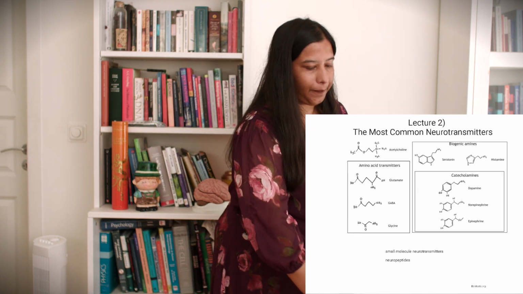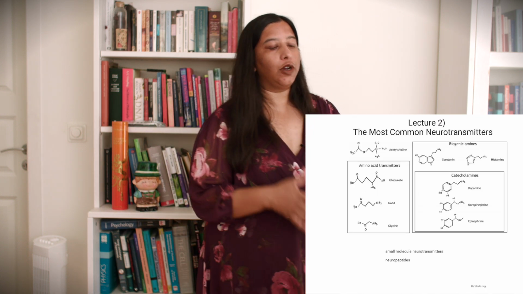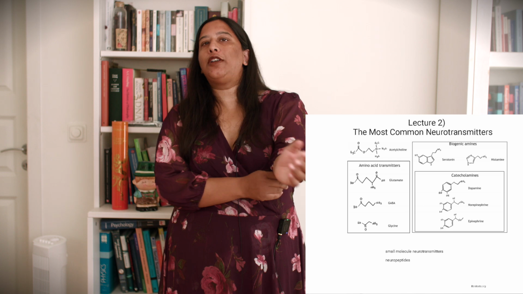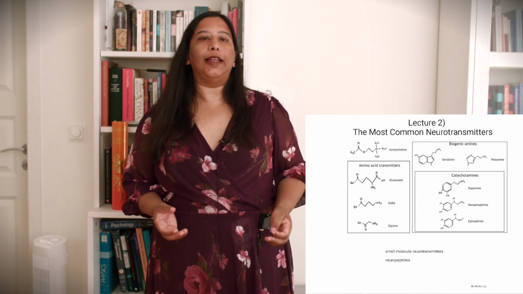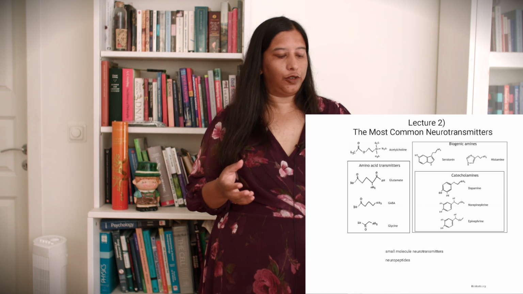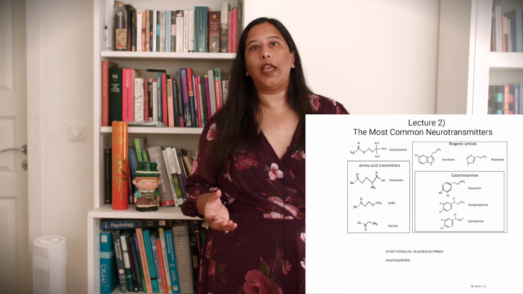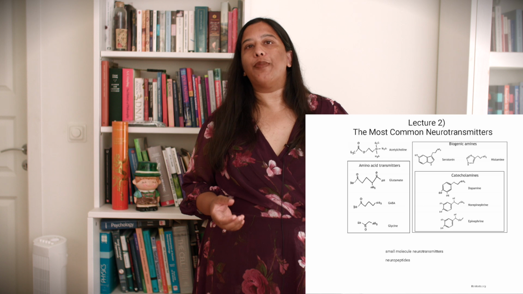The first step in neurotransmission is neurotransmitter synthesis and storage. But before we go into synthesis, we will acquaint ourselves with the most common neurotransmitters. And these can be divided into small molecule neurotransmitters as well as neuropeptides.